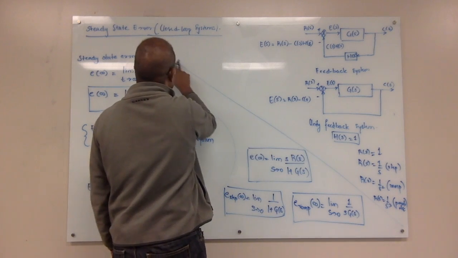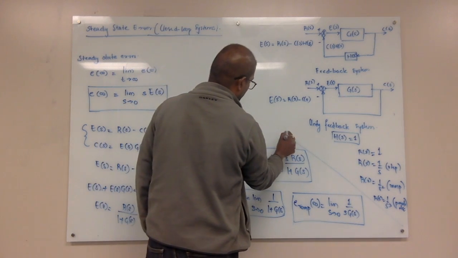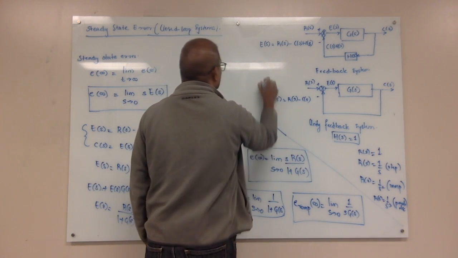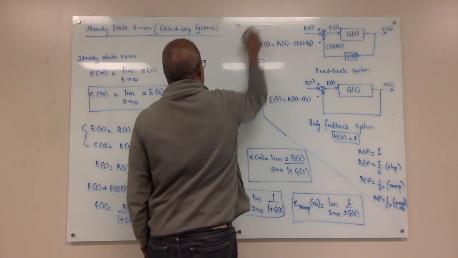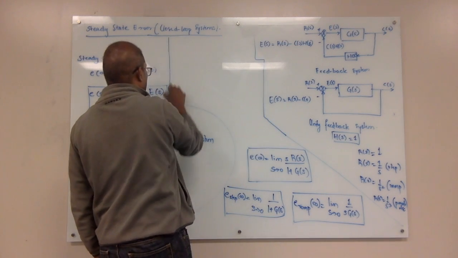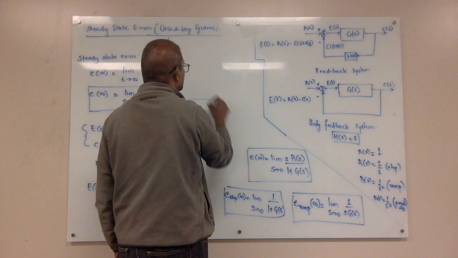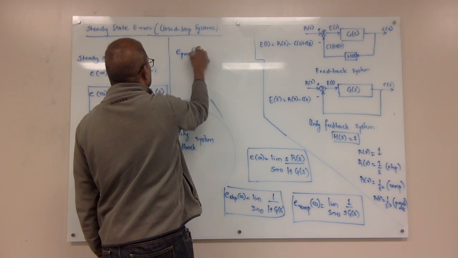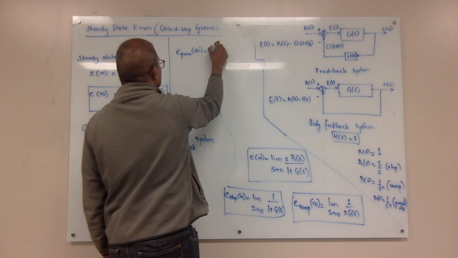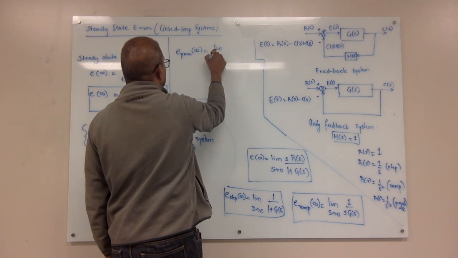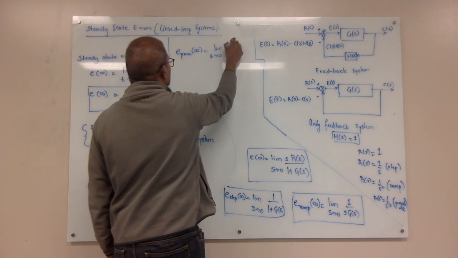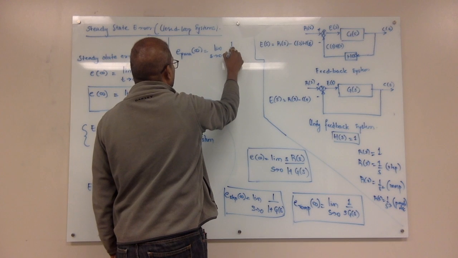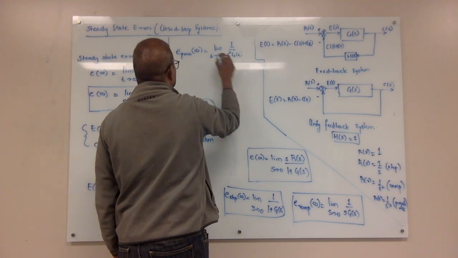I'm going to write it here for your convenience. E parabolic is limit S tends to 0, 1 over S square G of S. Okay.